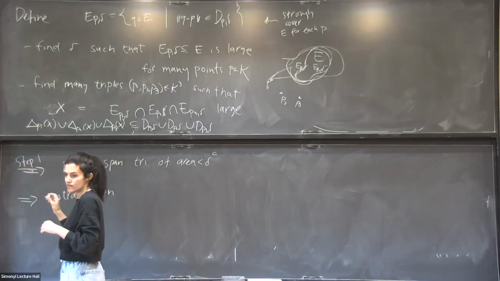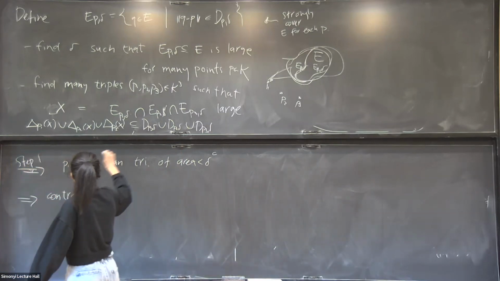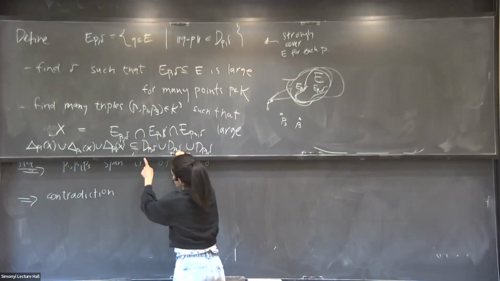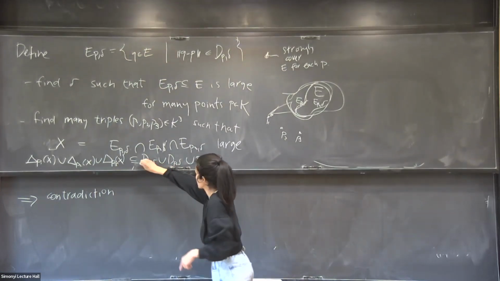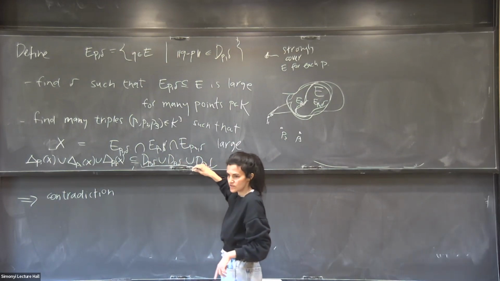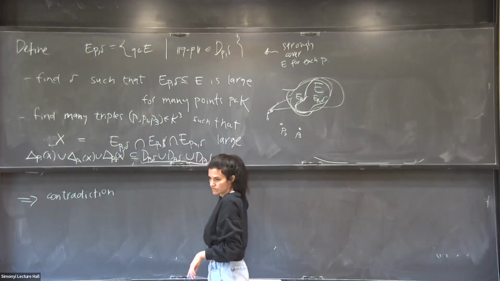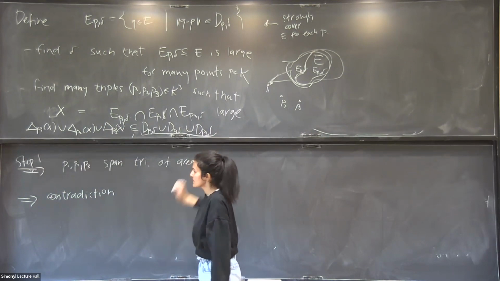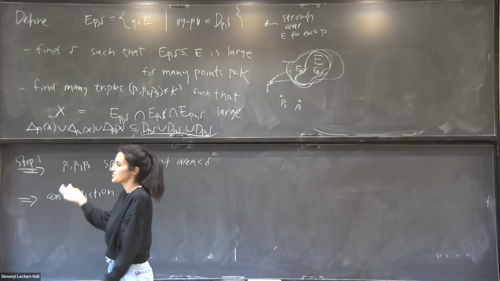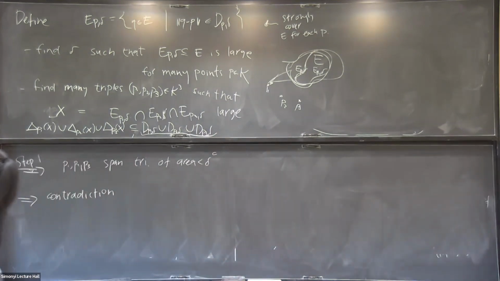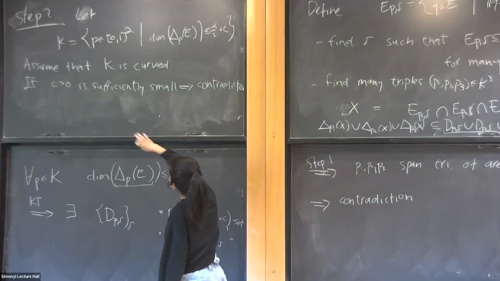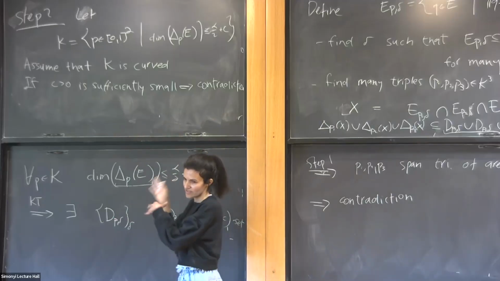So the number of distinct distances that they span is small because this is how we started. When you need to contradict the structure, any contradiction will do. Right. So we assume that K is curved, and we say that if C is sufficiently small, it's a contradiction.